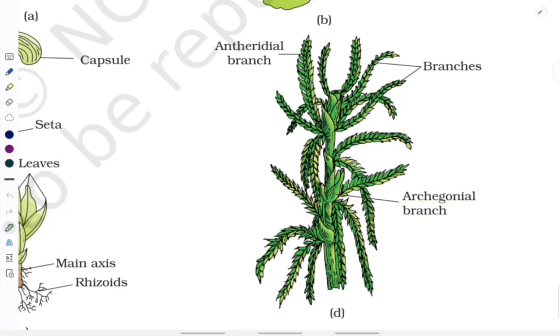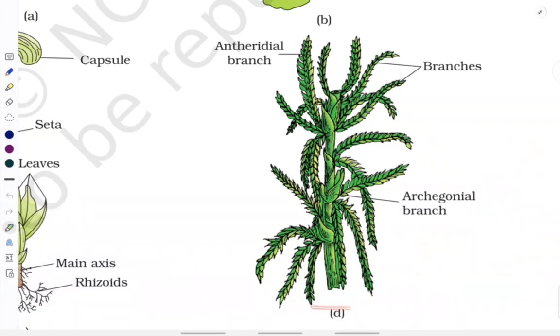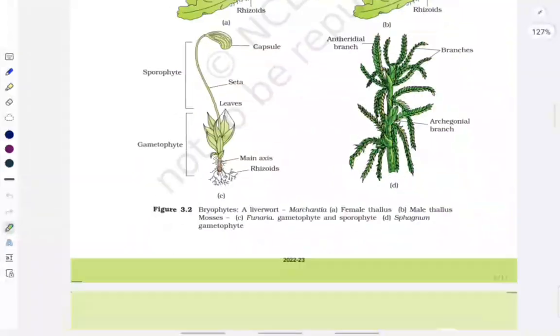So this is Sphagnum. I personally confuse Sphagnum with Sargassum. Sargassum is brown algae, whereas Sphagnum is a moss. Okay, let's read ahead.